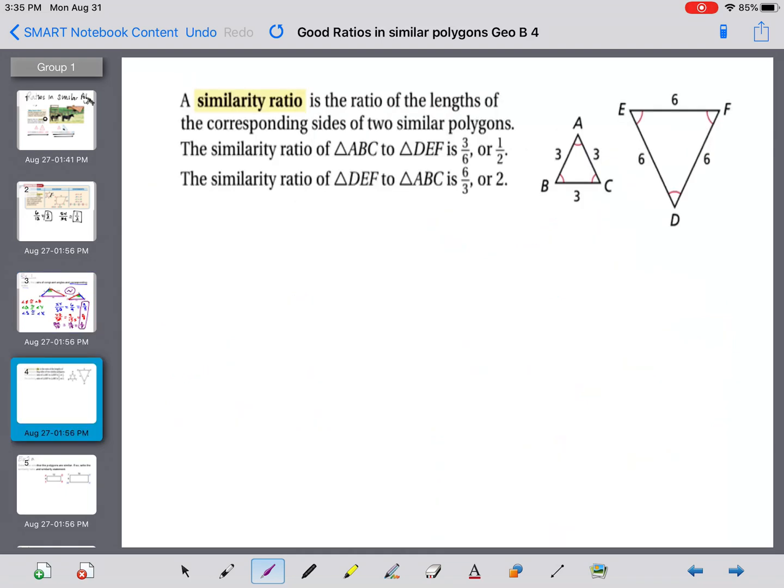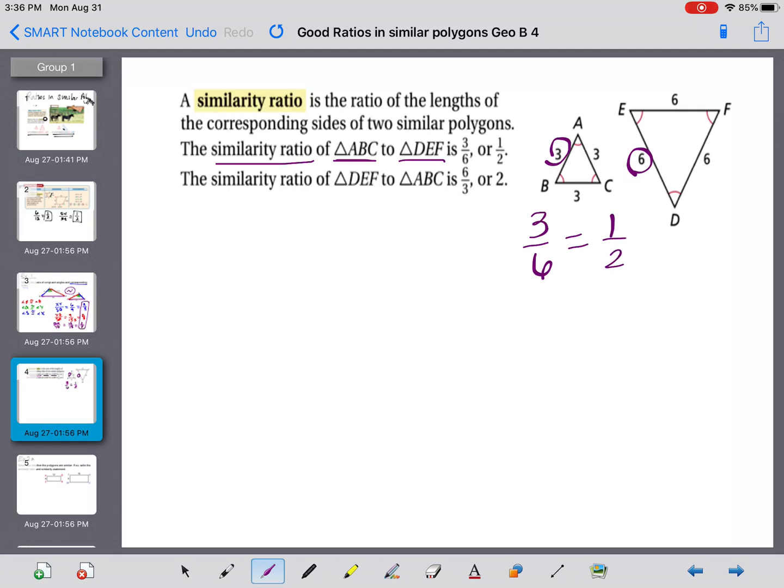A similarity ratio is the ratio of the lengths of the corresponding sides of two similar polygons. The similarity ratio of triangle ABC to triangle DEF is 3/6 or 1/2. We get that by comparing the side lengths. For example, if we compared AB to DE, that would be 3/6, which is where we get our 1/2.